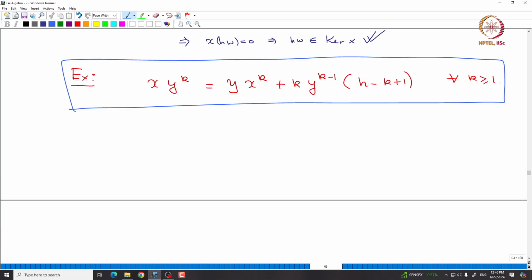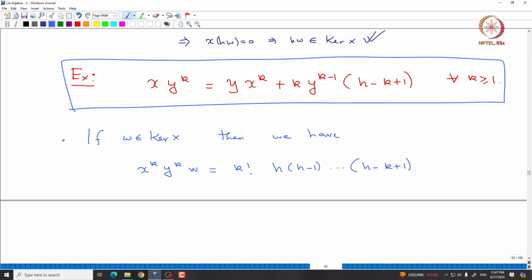Now one can easily see that if we take some vector w in kernel X, then by repeated use of this formula, X power k Y power k w is exactly equal to k factorial times H into H minus 1 etcetera H minus k plus 1 applied to w, and this is true for all k greater than or equal to 1.